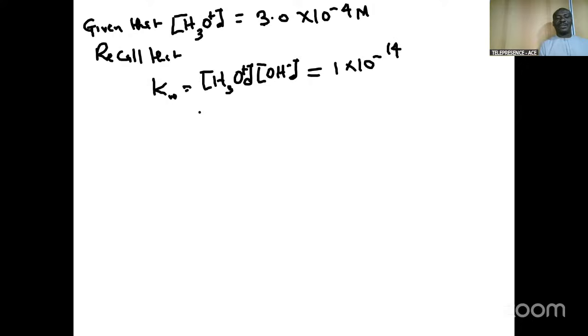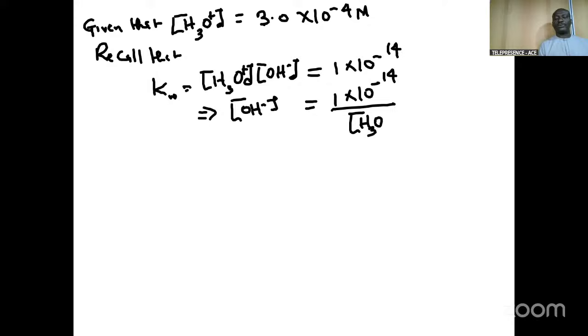So we can say, therefore, that OH minus will be equal to 1 times 10 raised to power minus 14 over the H3O plus concentration, which is equal to 1 times 10 to the power of minus 14 over 3 times 10 to the power of minus 4.